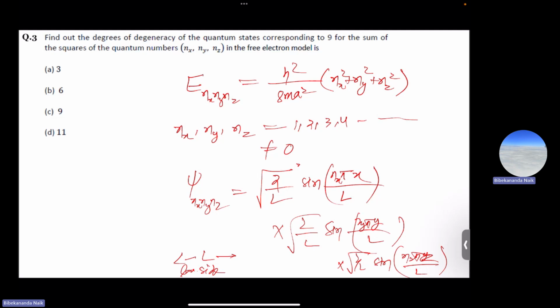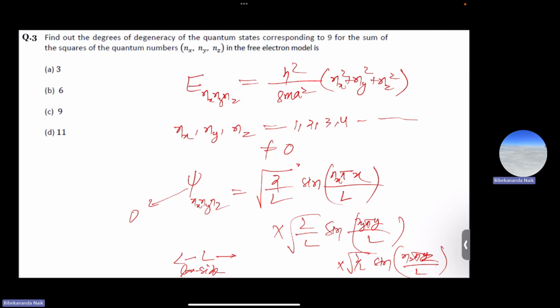So you see, if any one of these, that is nx or ny or nz, is 0, then this will be 0, which indicates there will be no particle present in that state. So nx, ny, nz can't have 0 values, they have only non-zero values.